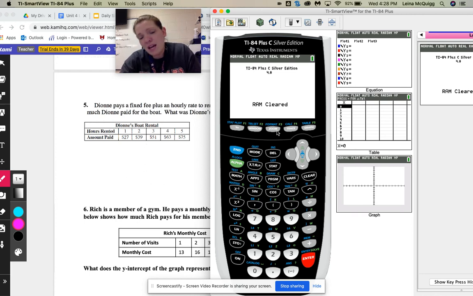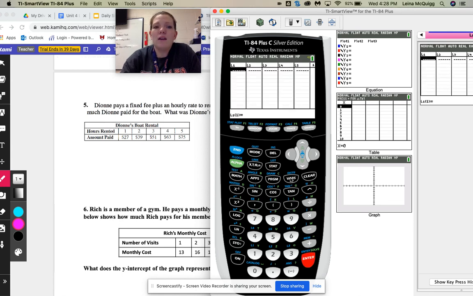I got a table. Stat edit. I can get slope. Okay, so stat edit. L1 is going to be the top line. L2 is going to be the bottom line. So I'm going to have 1, 2, 3, 4, 5. Oh, I messed up. 1, 2, 3, 4, 5.